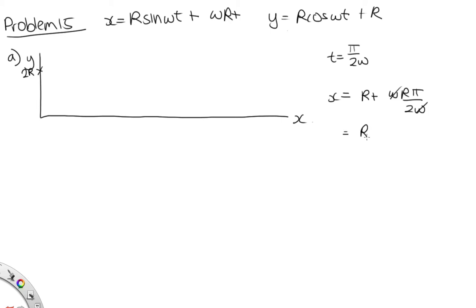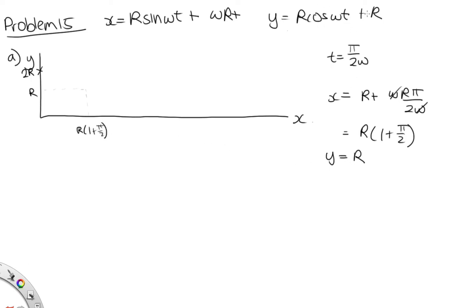So this will be r times (1 plus pi on 2). And y at this point, cos will be 0, so y will equal r. So here we'll have r, and here we'll have r times (1 plus pi on 2).